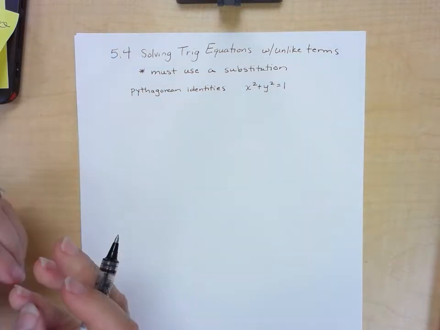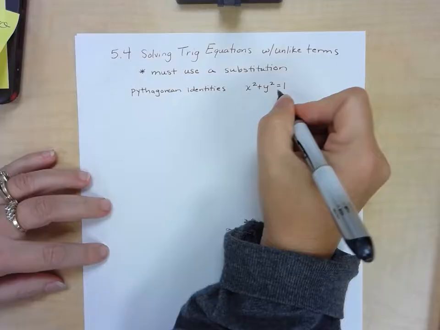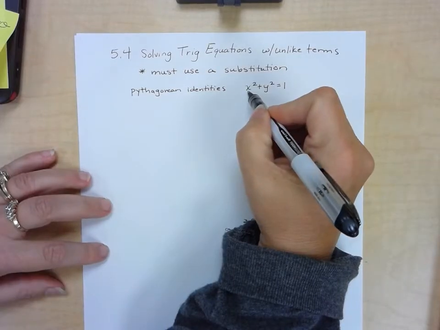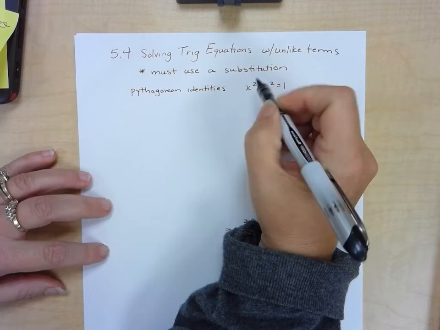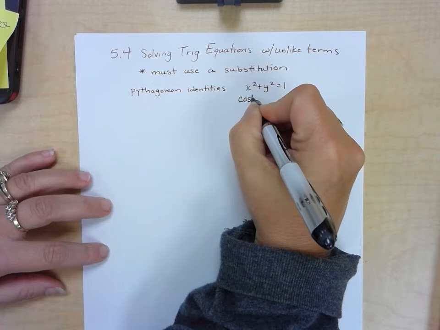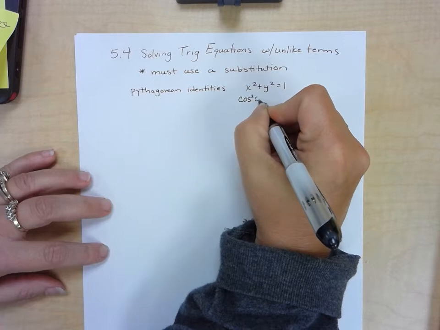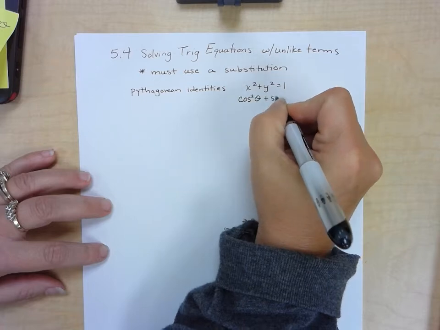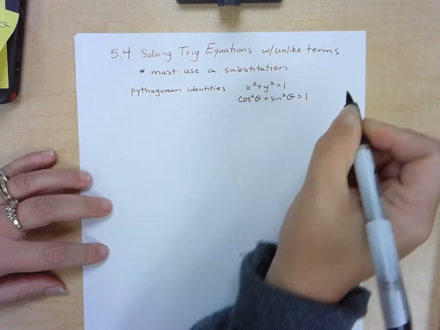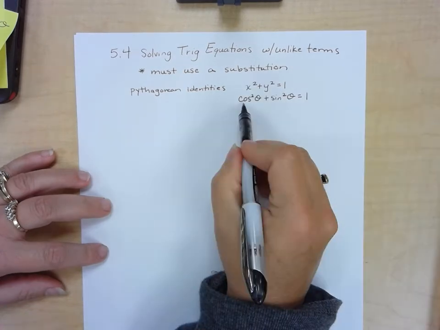But by this time you should understand and know that x is known as cosine and y is sine. And so this is the Pythagorean identity that we will use. Cosine squared plus sine squared equals 1.